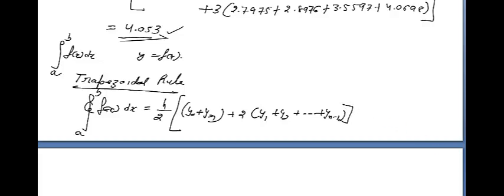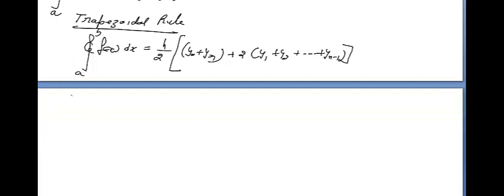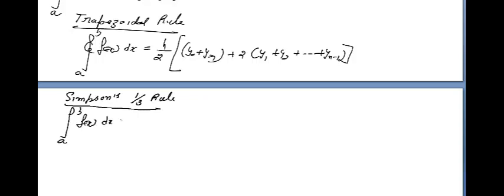After that we discussed Simpson's 1/3 rule. In this rule, the integration from a to b of f(x) dx is h by 3. Starting and end you will add only once.